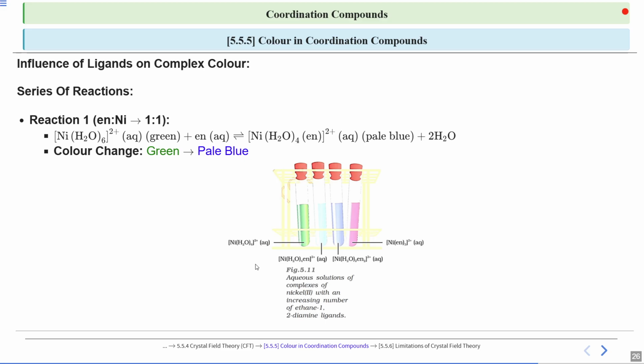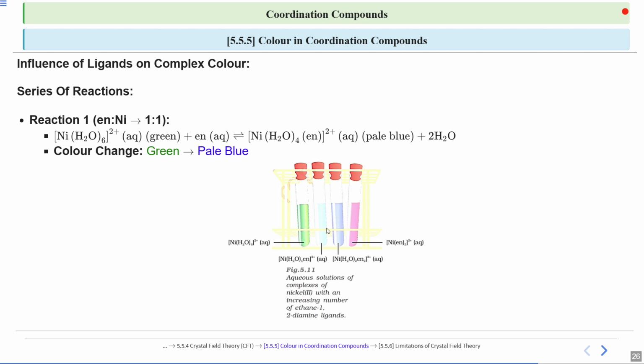This is figure 5.11, which shows aqueous solutions of complexes of nickel plus 2 with an increasing number of ethane 1,2 diamine ligands. If you have no ethane 1,2 diamine ligand in the complex, it shows green color.